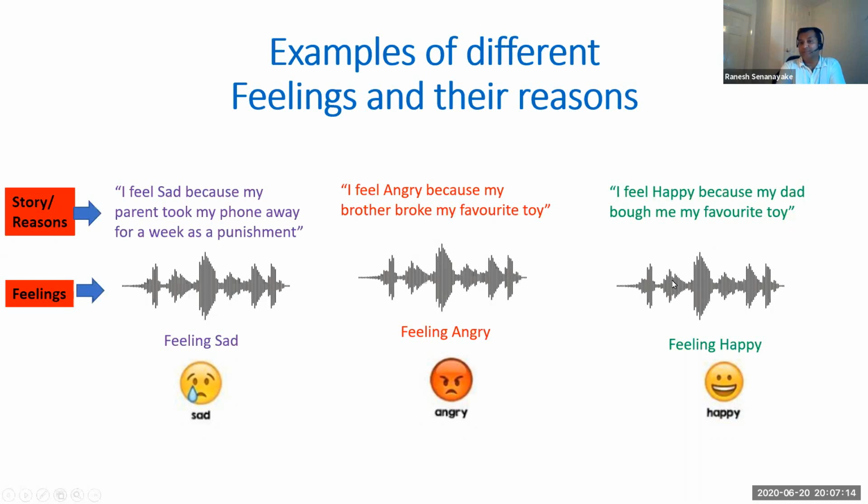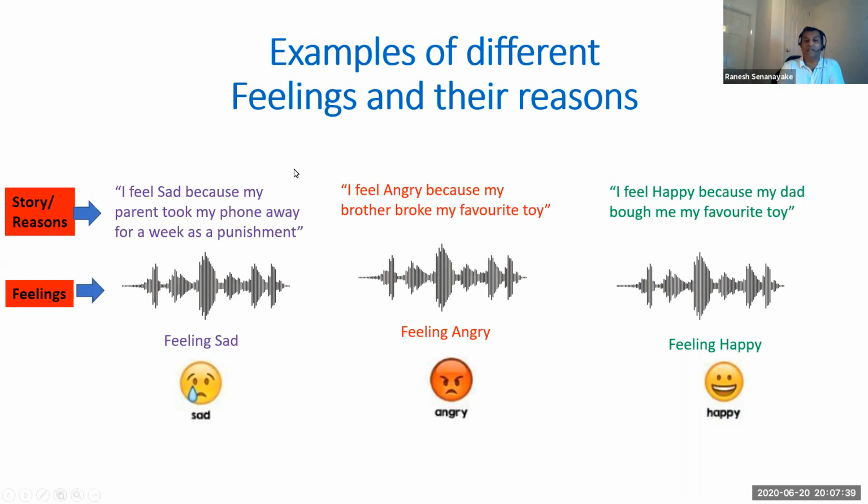So the feeling is there, and then around the feeling, we have this story. Understand that when you feel a feeling, we tell a story to ourselves. It's not intentional, but we are basically telling a story, or we give a meaning to that feeling.